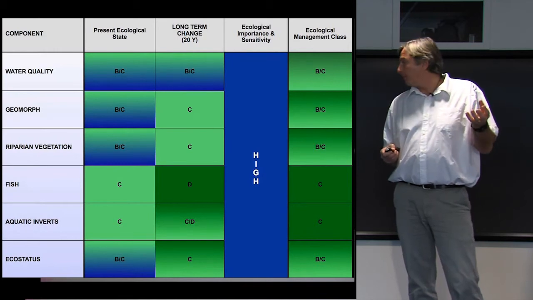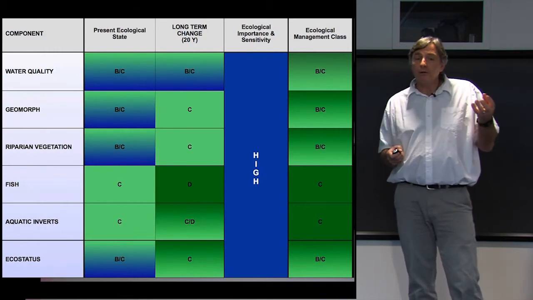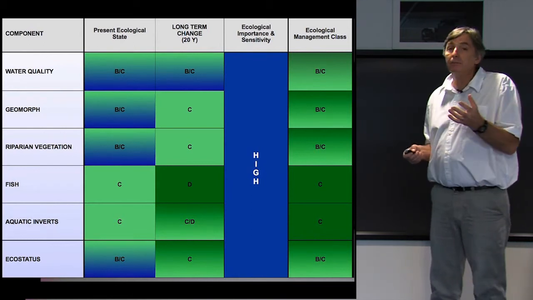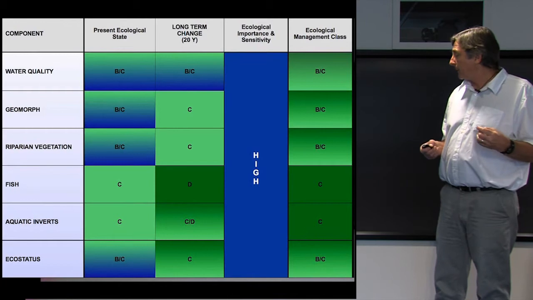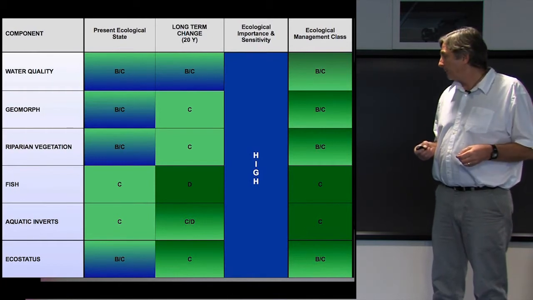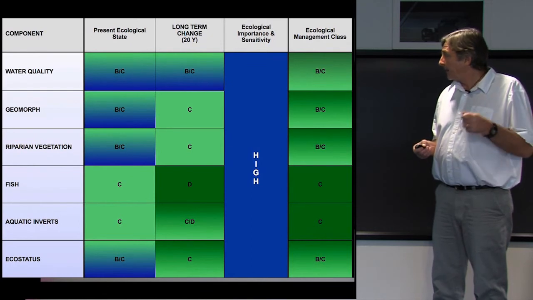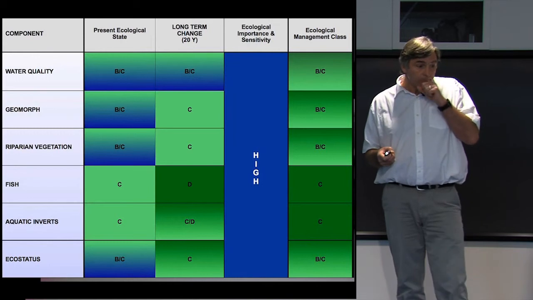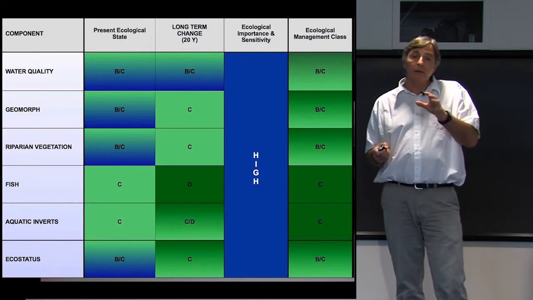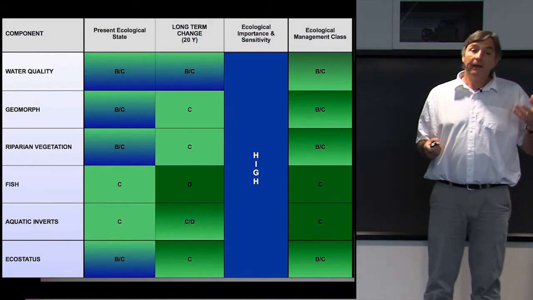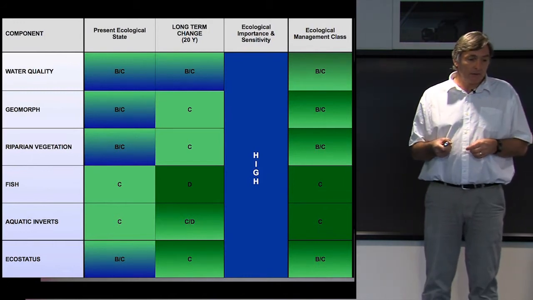The fish component presently at a moderately modified C class with present management conditions would deteriorate to a D or severely modified condition. Okay, so that's the long-term change. The ecological importance and sensitivity, which is a general, not component by component assessment, would be high in this hypothetical case.